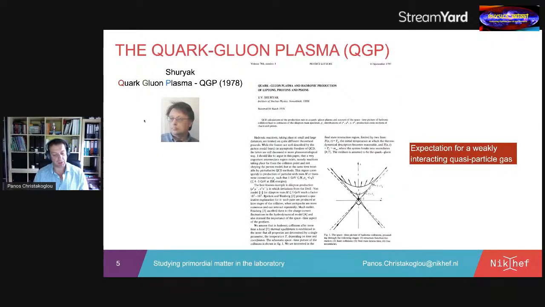However, this state of matter was coined the quark-gluon plasma, and that will be the focus of my slides. And this is indeed the focus of our research at CERN, in a textbook paper by Shuryak. The initial expectation for such a deconfined matter was that it would consist of weakly interacting quasi-particles forming a gas state.